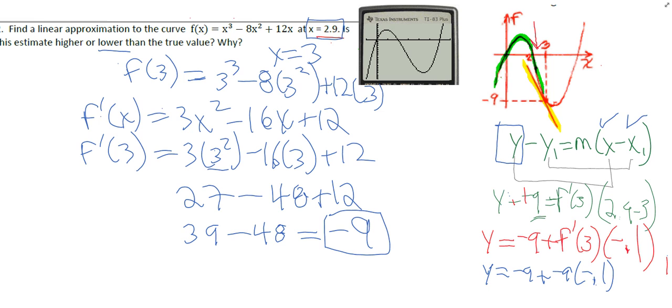And once again, it is an underestimation, and you can analyze this because that's a pretty steep slope, right? A negative 9 is a pretty steep slope, so the curve is increasing pretty rapidly around positive 3 and around 2.9 as well. So it is a pretty substantial underestimation, but good enough for our purposes here.